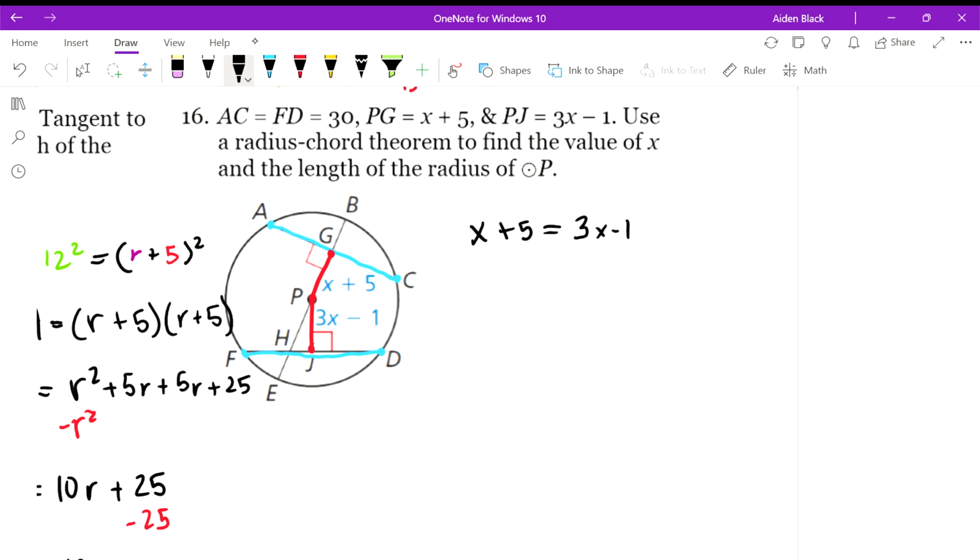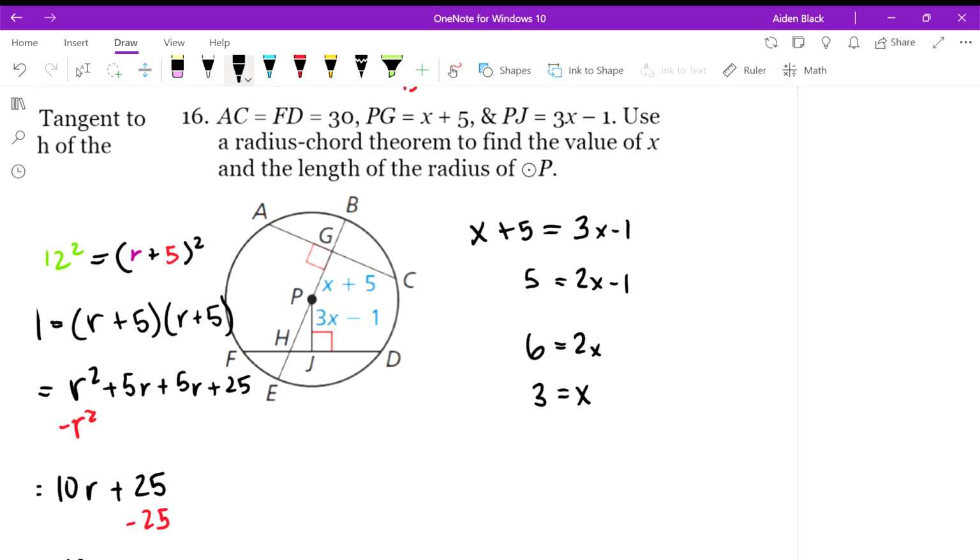Solve for x: subtract x from both sides, we get 2x minus 1 equals 5. Add 1 to both sides, we get 2x equals 6. Therefore, x must equal 3. So we have the value of x, but now we need to figure out what the radius is. So I'm going to erase this so we can see what we're looking at.